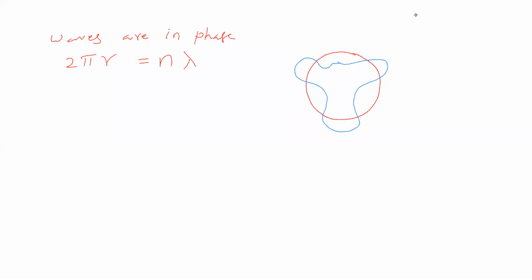What is lambda? Take this crest and this crest; the distance between these two crests is called one wavelength. Then this crest and the next crest, the distance between them is again one wavelength.